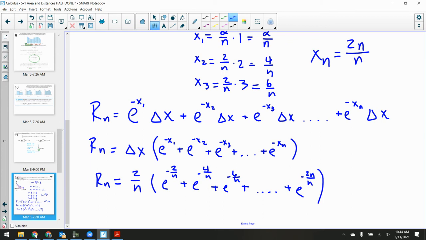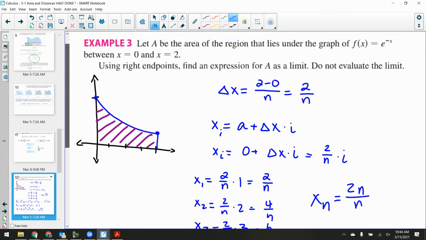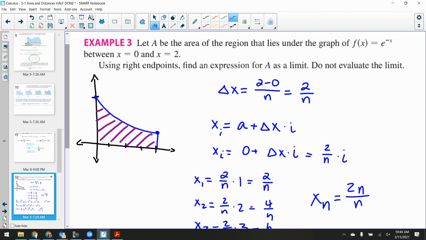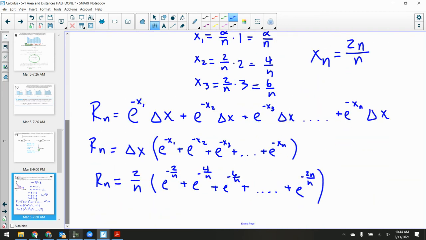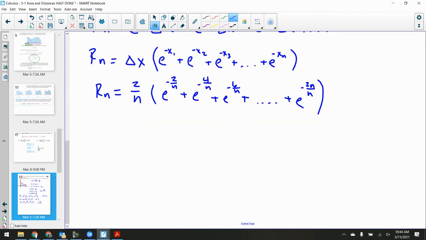So let's write this as a sum. Let's write this as a limit of a sum, because that's the goal here. Using right endpoints, find an expression for the area as a limit. We're not evaluating the limit right now. We'll evaluate the limit using integrals, which we'll talk about in the next section.